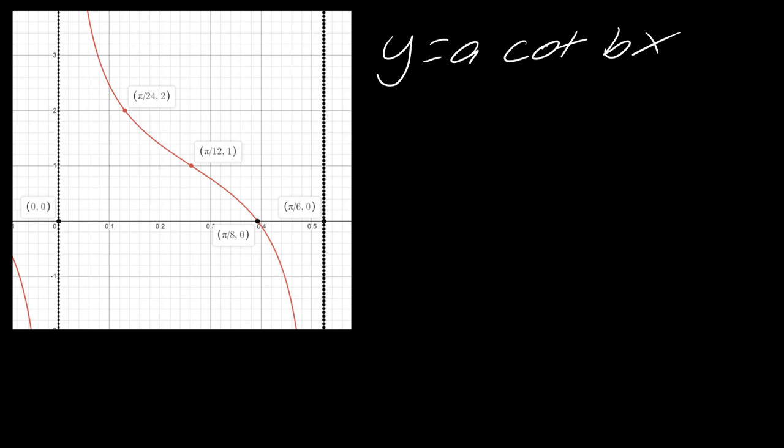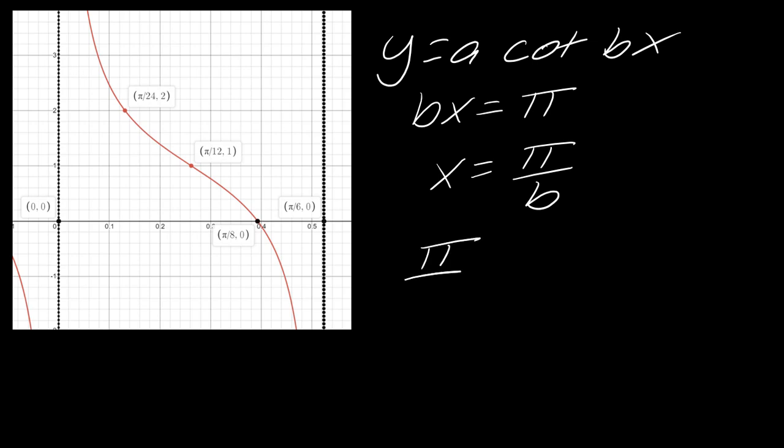Remember, I would normally have bx equal to pi, and then normally I solve for x. But now what I should have is that pi over b is going to equal the value of this asymptote, which is pi over 6. And so now I can solve for b.